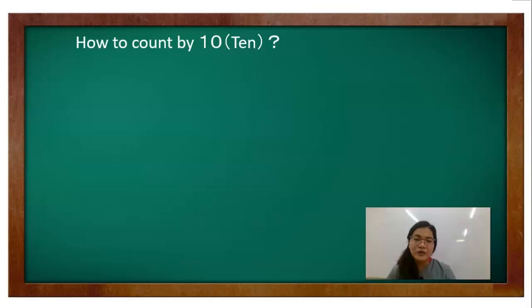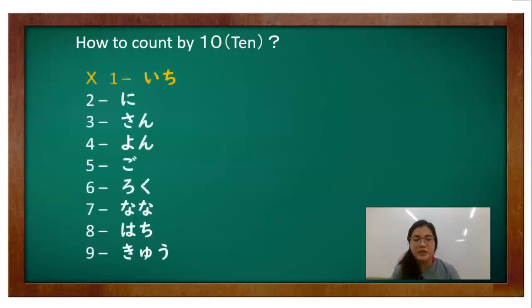This is how to count by 10. So when we say how to count by 10, that would be 10, 20, 30, 40, 50, 60, 70, 80, and 90. Okay, so how to count that in Japanese is simply you must memorize the 1 to 9, and then remember that 10 is ju.